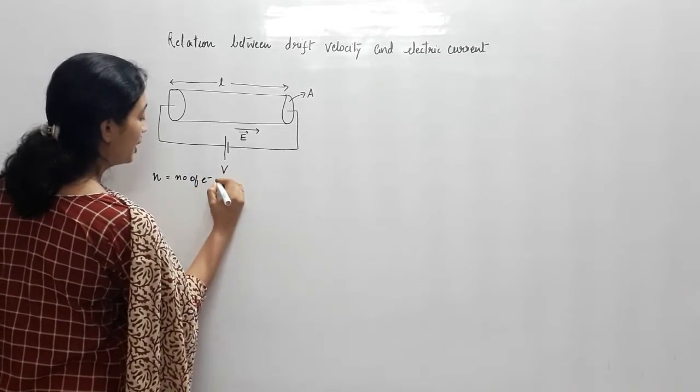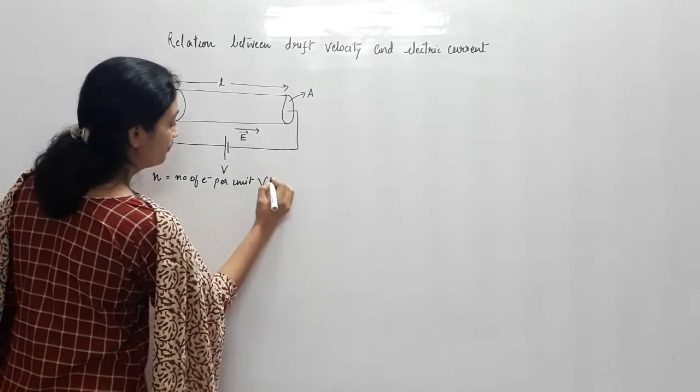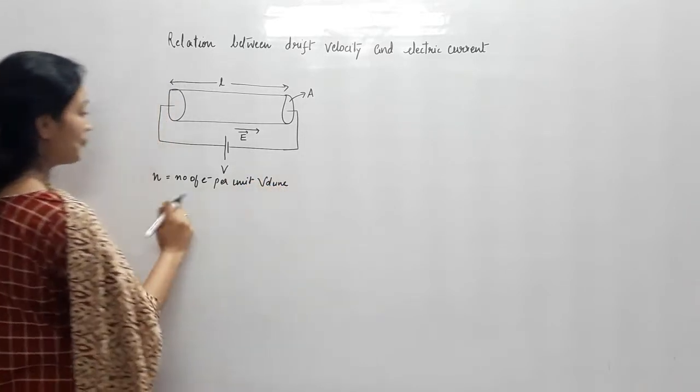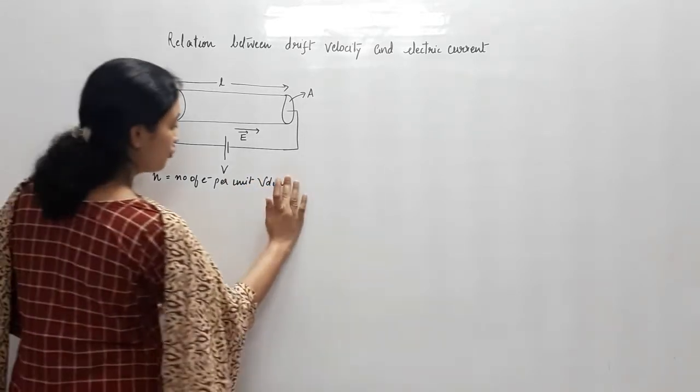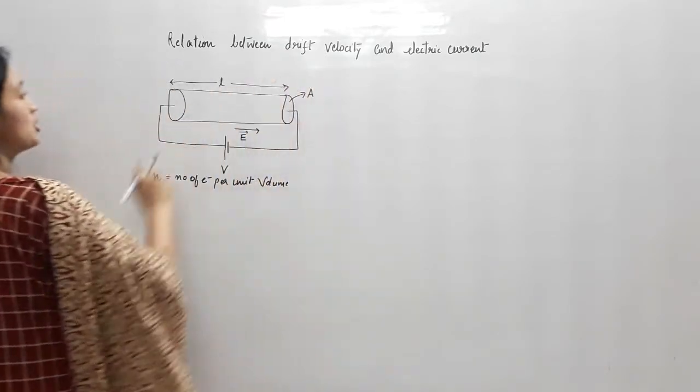Small n is the number of electrons per unit volume, and we have to establish the relation between electric current and drift velocity.